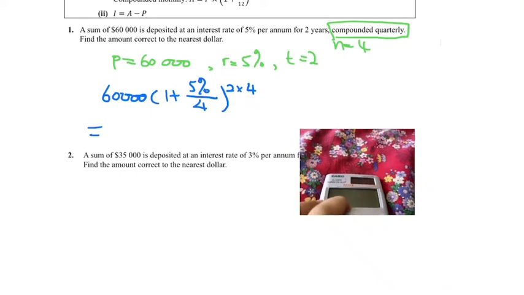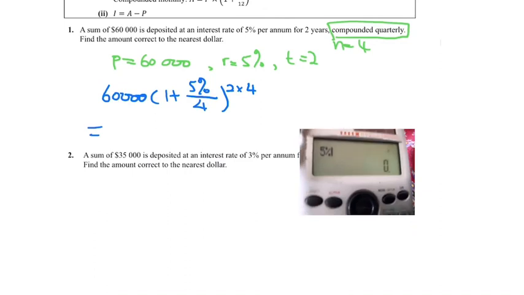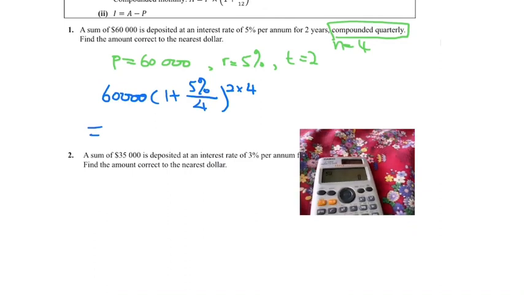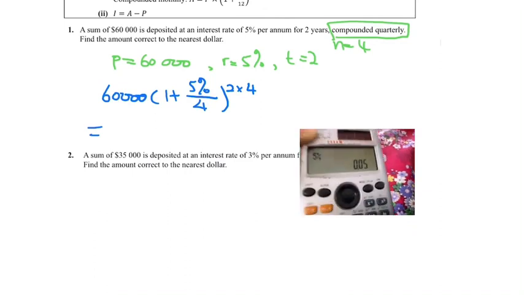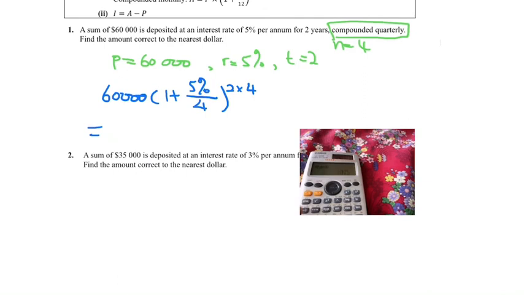Let's do it one by one actually. For my practice, I do it step by step. I do this 5% first. Let me just click it for you. 5%, and then equals. I get 0.05. The next step I do is divide by 4. You get this. And then I will add 1.